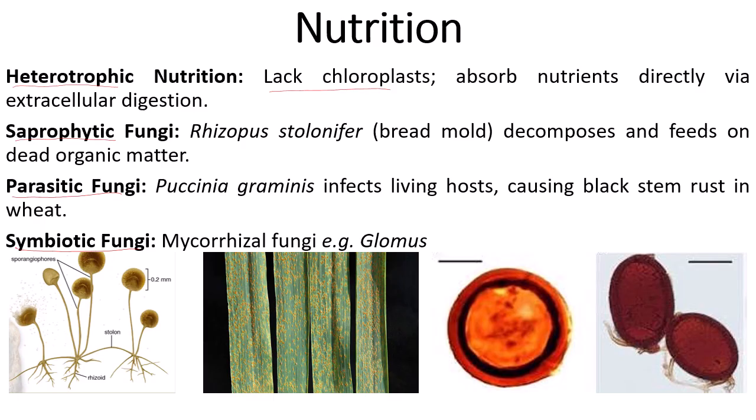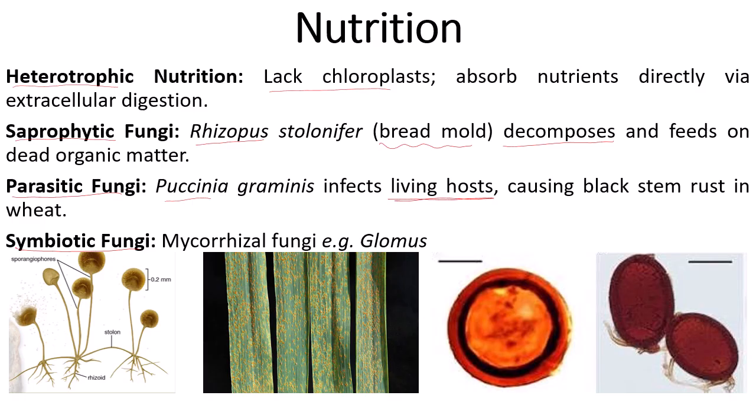Saprophytic fungi are actually the decomposers. Parasitic fungi always need a living host, and an example is Puccinia. An example of saprophytic fungi is Rhizopus, which you can see on the bread, that is called as bread mold.